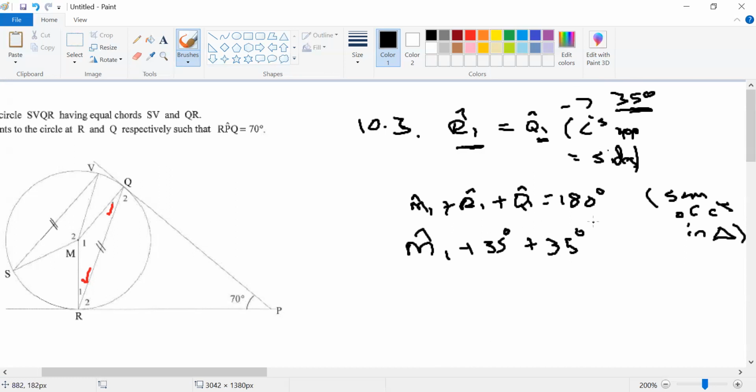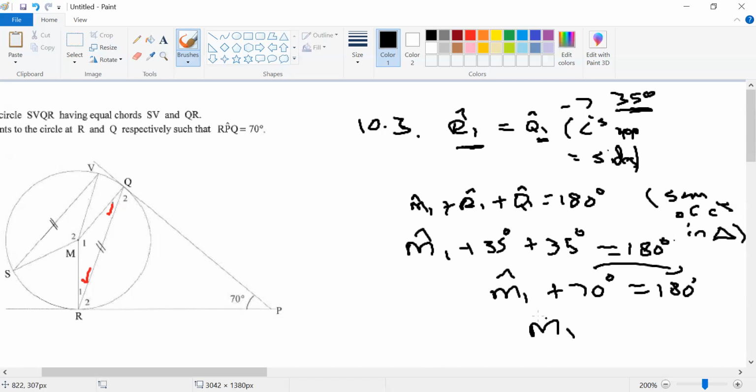So I'll write down 35, that's equal to 180 degrees. And all that's left now is to simplify everything and solve for the unknown. So M1 is equal to 180 minus 70, which is equal to 110 degrees.